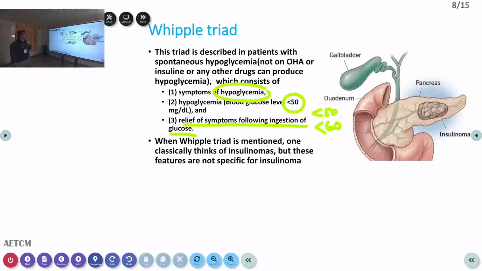If all these things occur without the patient being on OHA or insulin, that is a sign of possible insulinoma. If the patient does not have sepsis, infection, malaria, and is not on any drugs which can produce hypoglycemia, then Whipple's triad may indicate an insulinoma.